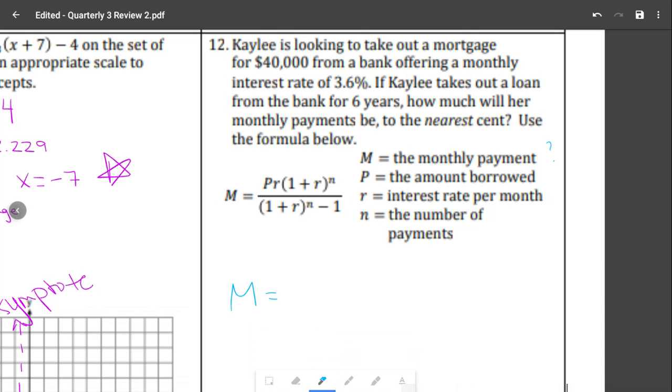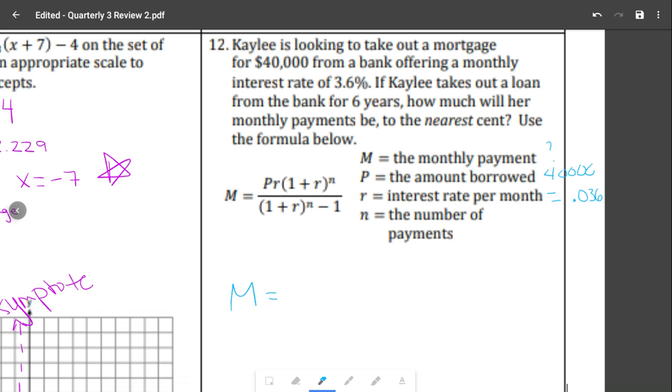P is the amount borrowed. So she needs to take out a $40,000 mortgage. So that is her P. R is the interest rate per month. We have a monthly interest rate of 3.6%. So converting to a decimal, we should be using 0.036.